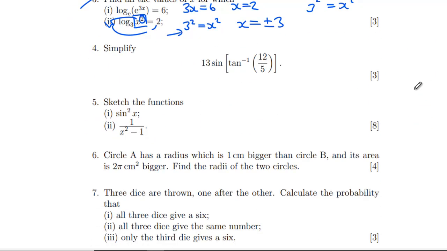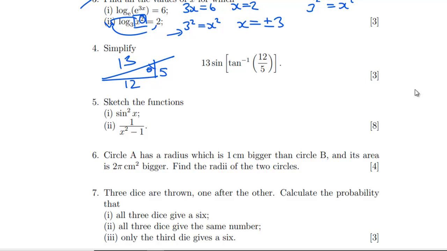Question 4, simplify this. Well, 5, 12 and 13 always look great because you've got a right angled triangle then. So if we've got tan to the minus 1 of 12 over 5, let's draw our right angled triangle then. So we're going to have 13, 12 and 5. So this is opposite over adjacent for tan.